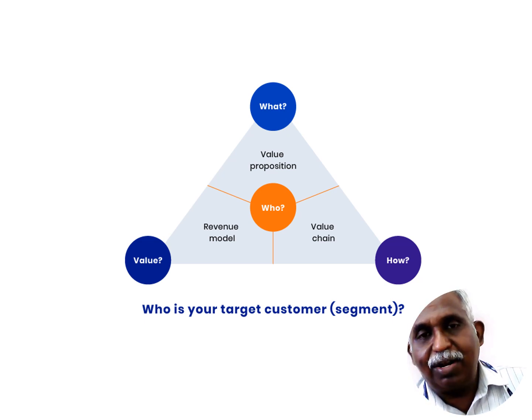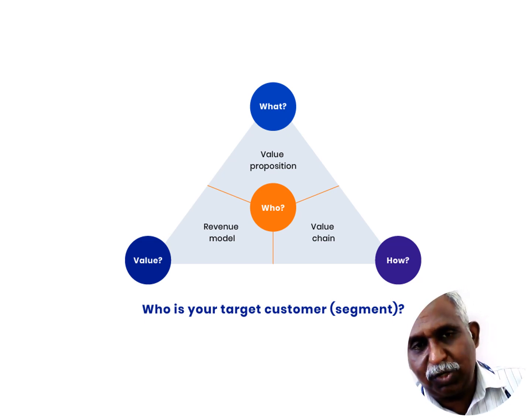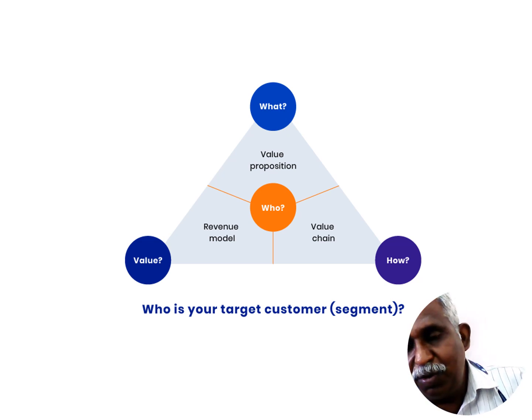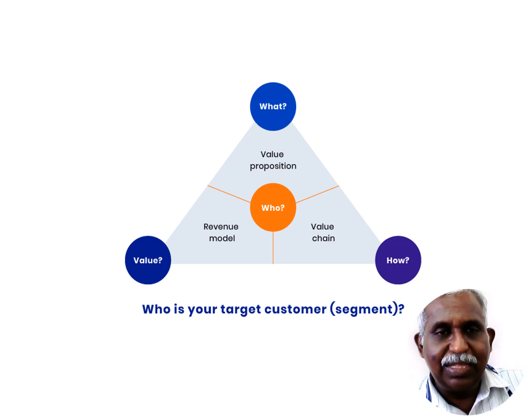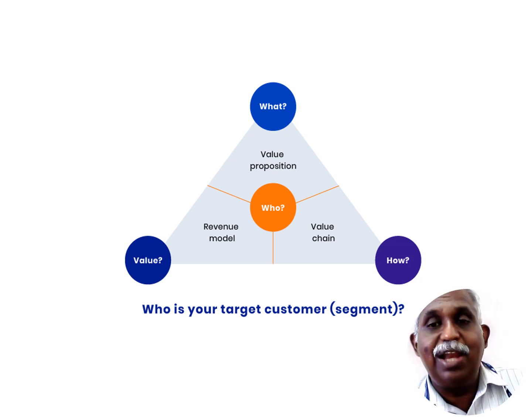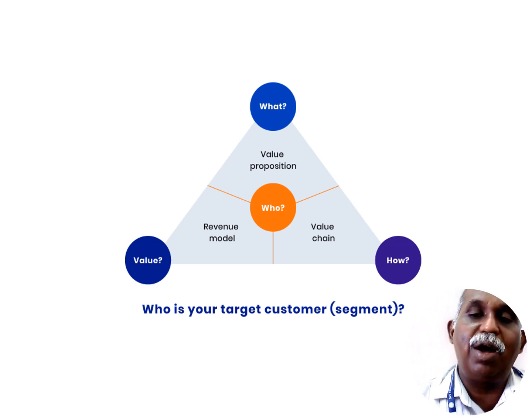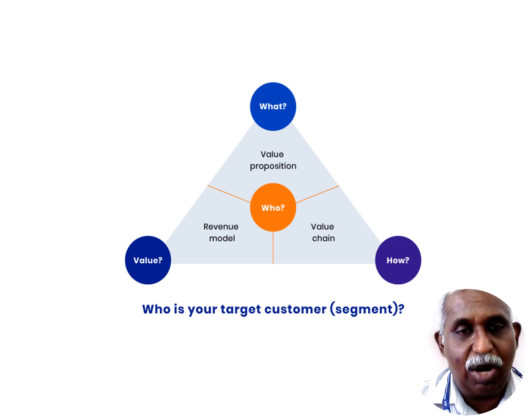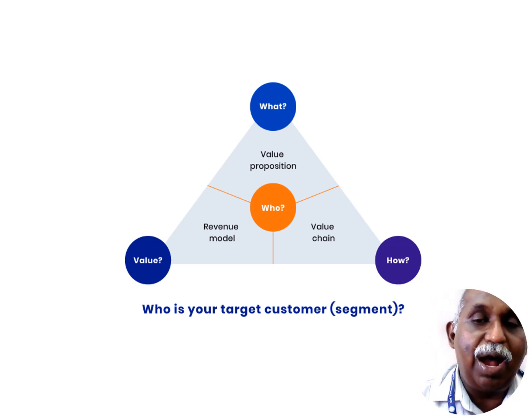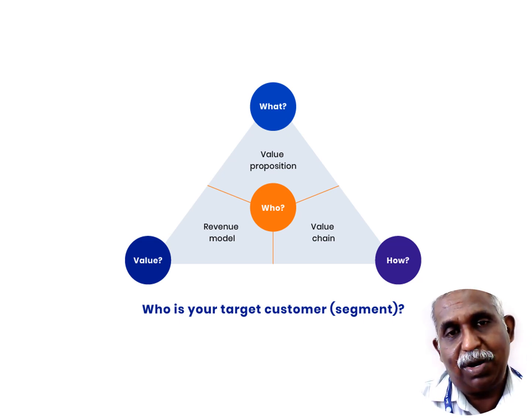Here, what is your value proposition? How will you reach your value proposition to the customer? Then how will you get return value from the customer? That's why in the triangle there are three major corners: one is what, another corner how, another corner value.